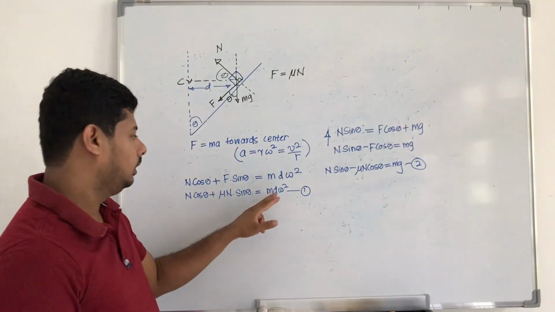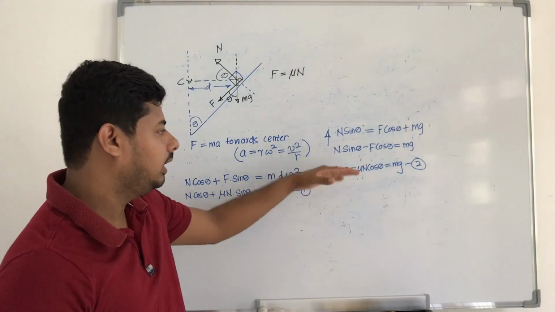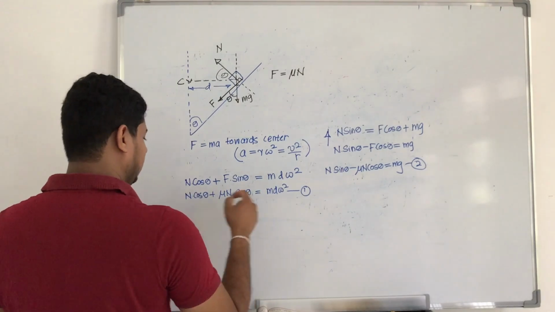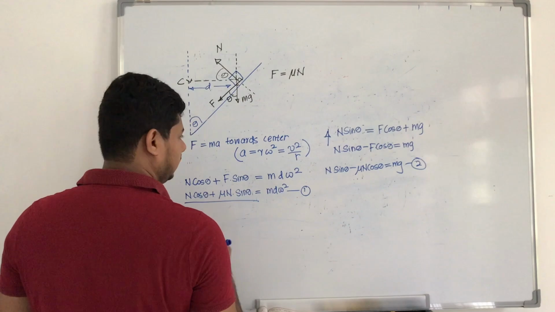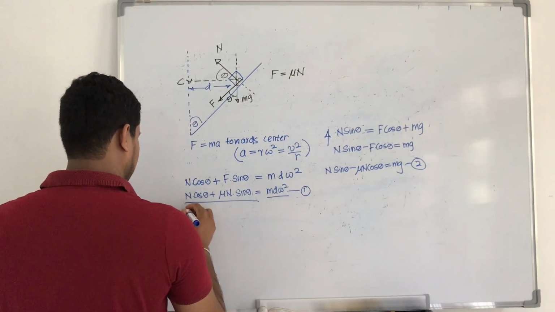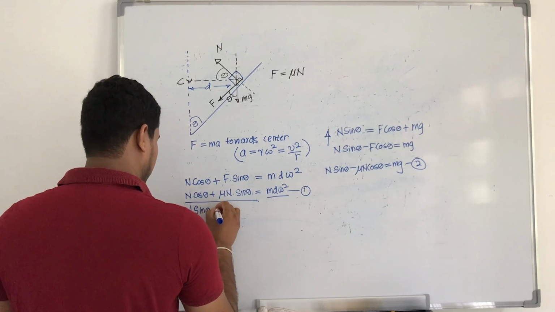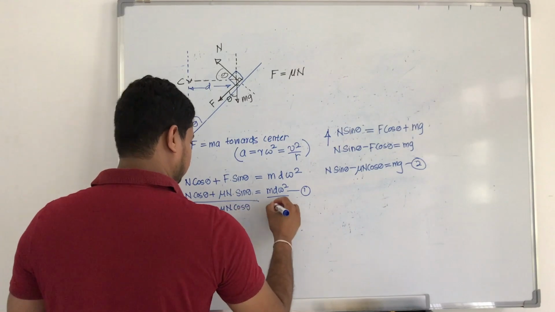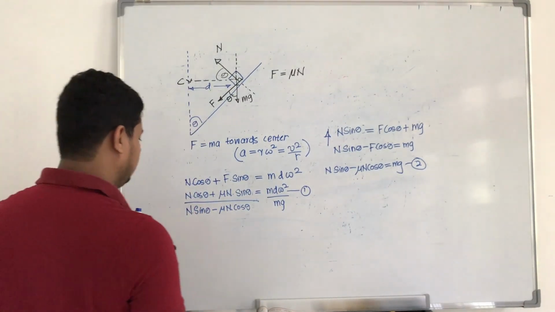Now to find omega, I can divide these two equations. I will divide the first equation by the second equation. I will write down the second equation here: N sin theta minus mu N cos theta over mg. Now we can do the simplification easily.